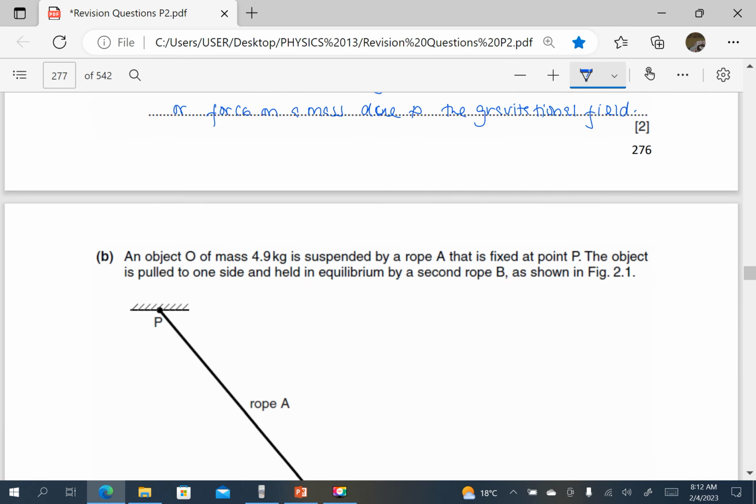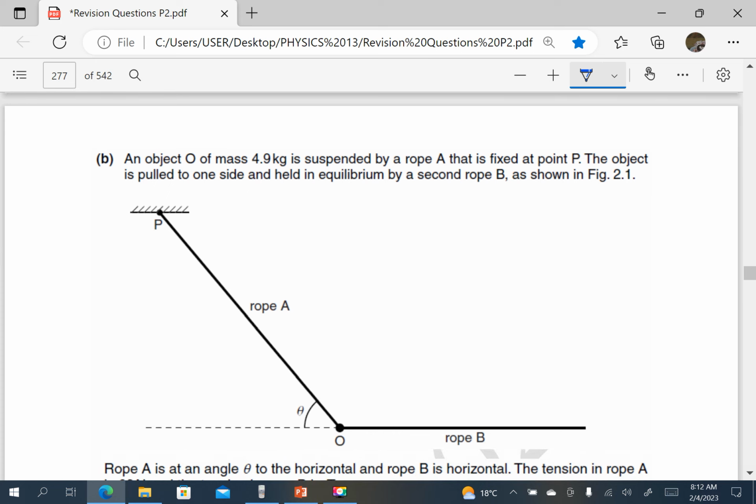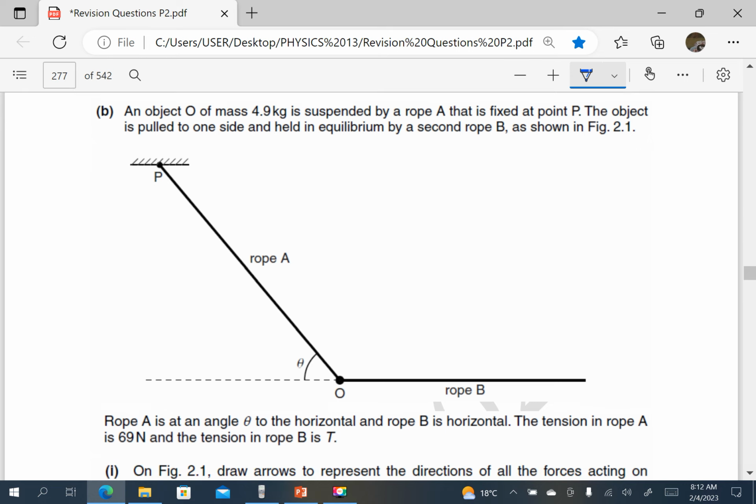Okay, an object O of mass 4.9 kilograms is suspended by a rope A that is fixed at point P. The object is pulled to one side and held in equilibrium by a second rope B as shown here. So you can see the diagram.